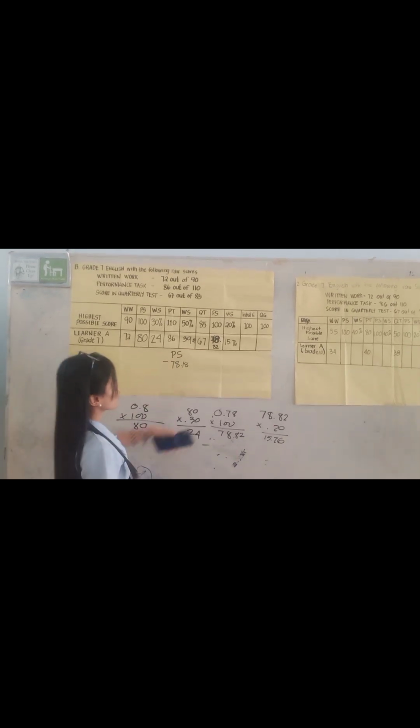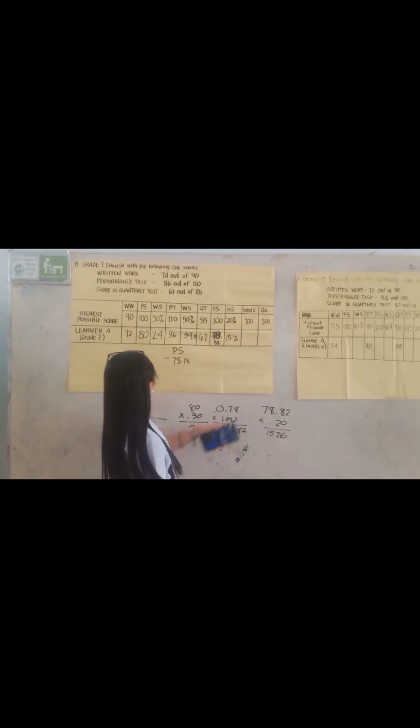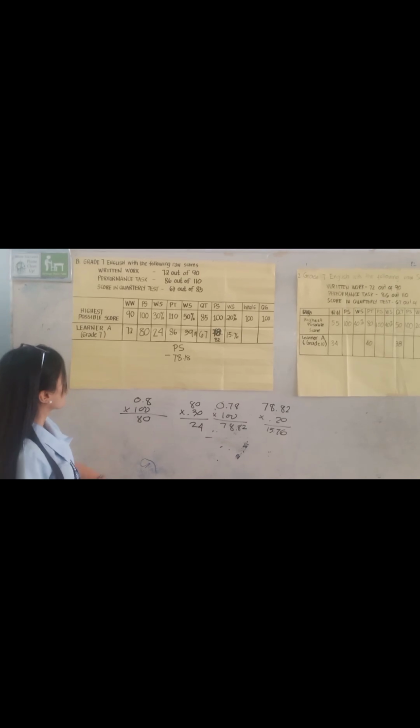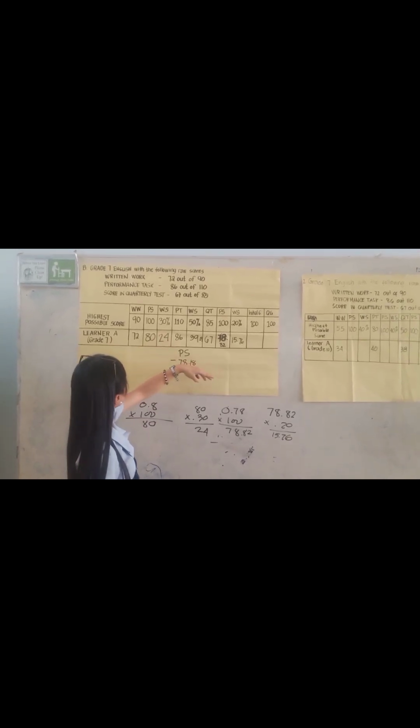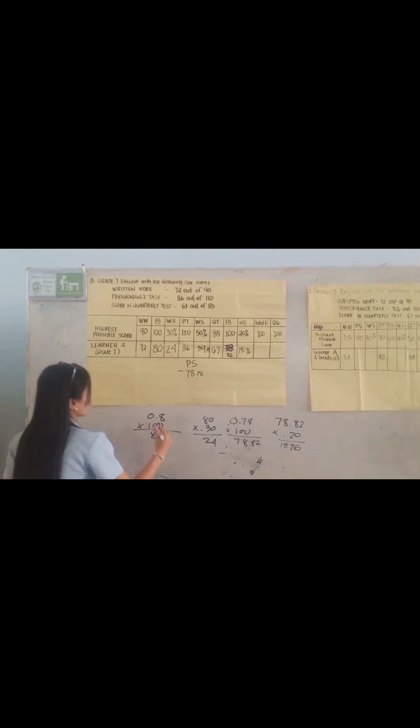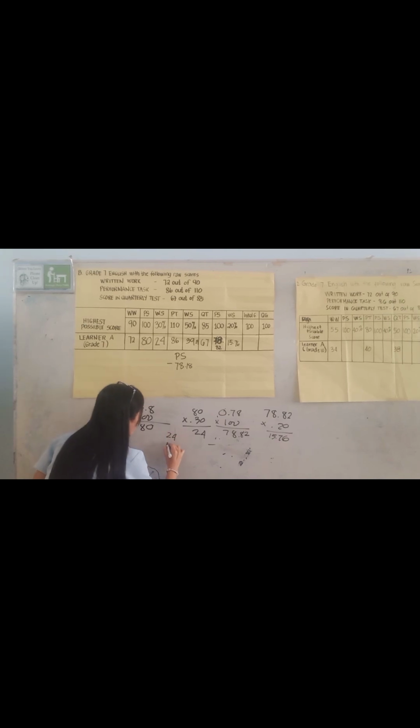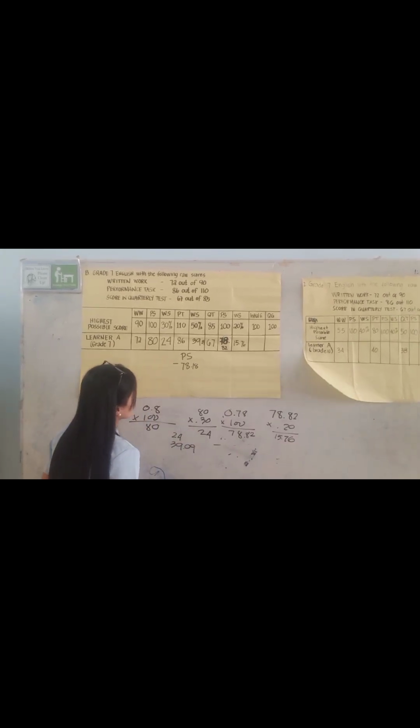So, in order to get the initial grade, we're going to add all the weighted scores of the written work, performance task, and the score in the quarterly test. So we have here 24, 39.09, and 15.76.